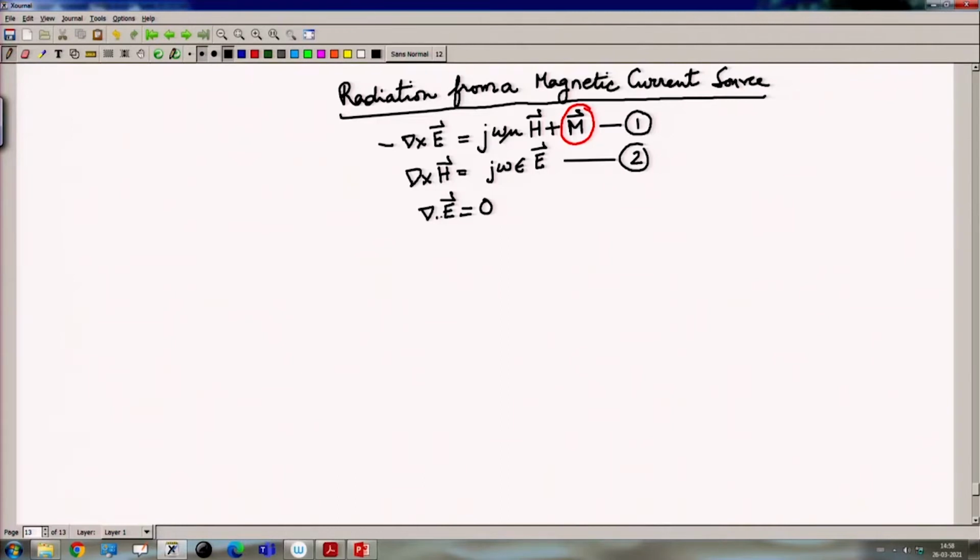So, any divergence free vector can be expressed as the curl of another vector. So, E becomes equal to minus curl of F, where F is the electric vector potential.